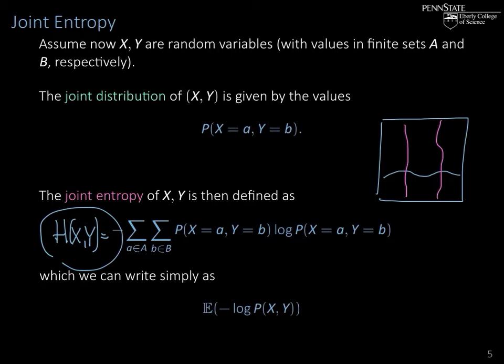So this would be Y, this would be X. Then the joint distribution assigns probabilities to each of these areas. So it is the entropy of that new refined random variable that we're looking at here. That is the joint entropy of the two variables.